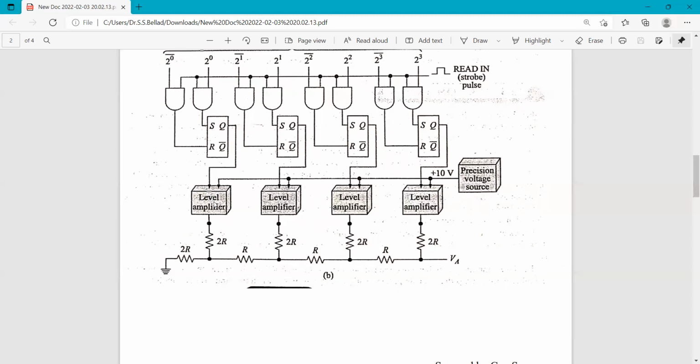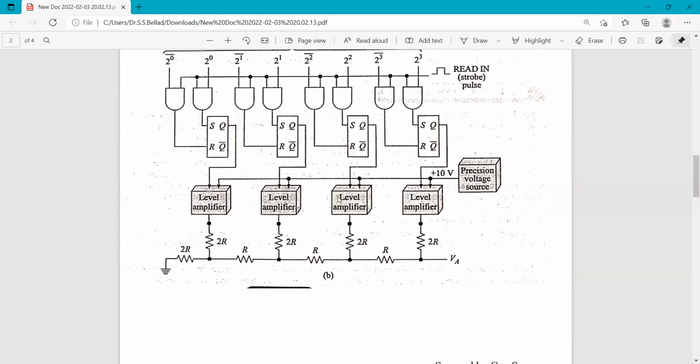So these level amplifiers compare the output of the RS flip-flops with the reference voltage of 10 volt coming from the precision voltage source. And if it is not there, the level amplifiers correct it to 10 volt. That is why these are called level amplifiers.